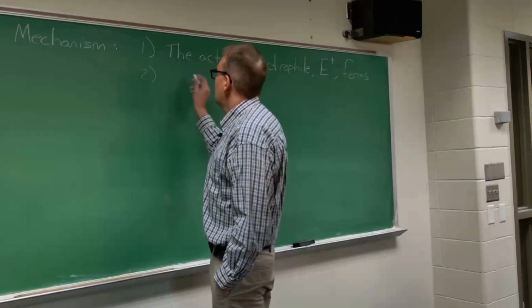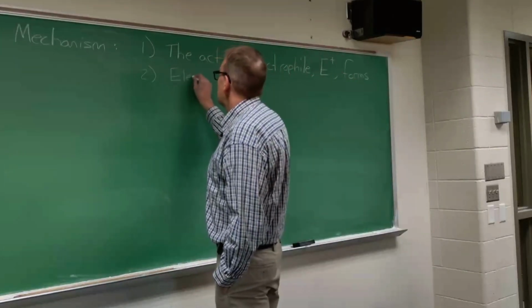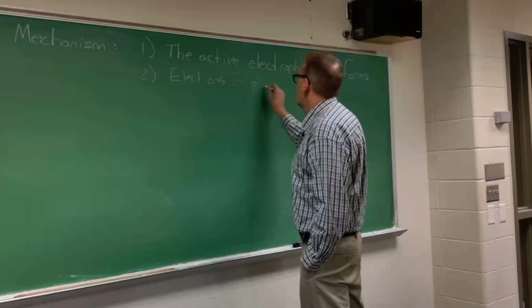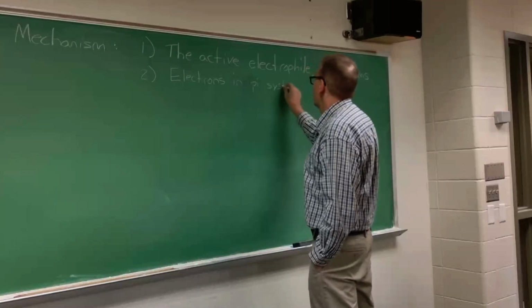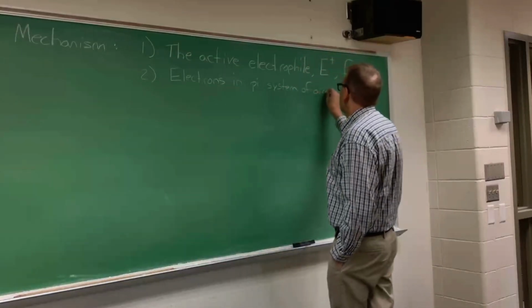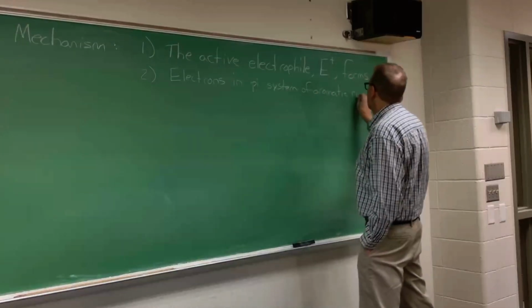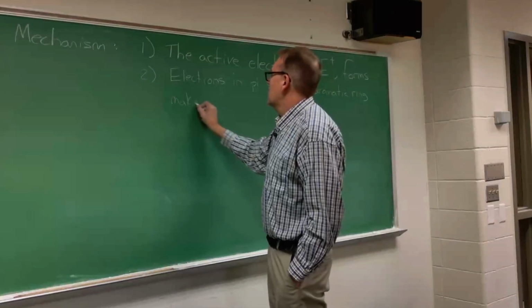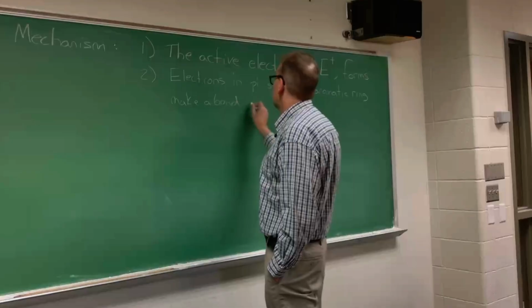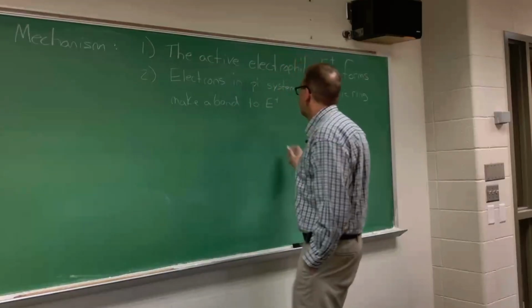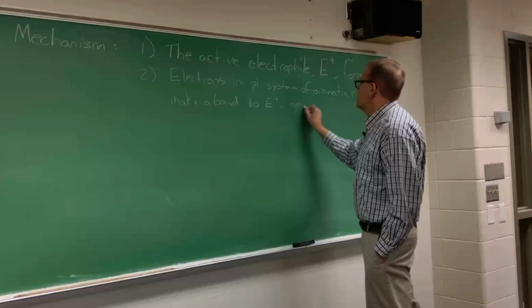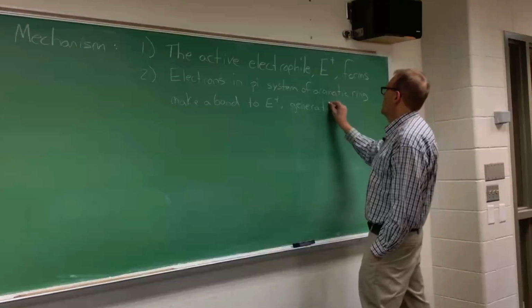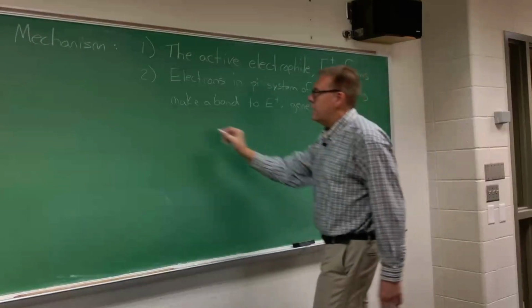Then, the second step is the electrons in the pi system of the aromatic ring make a bond to E+, generating a non-aromatic intermediate.